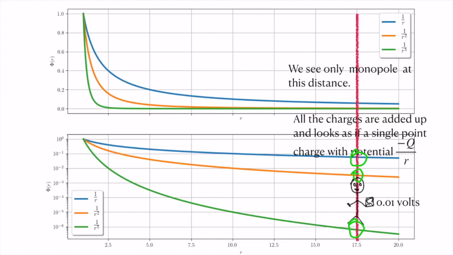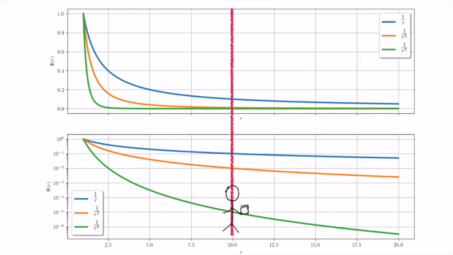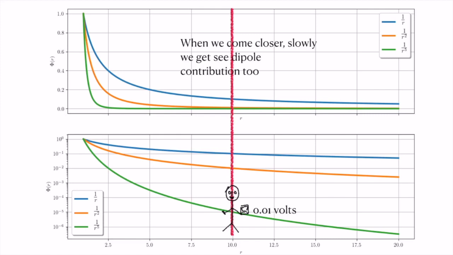Now let's bring this person who is measuring the electric field a little closer. At this point, when you come much closer, you can see two terms. In addition to the monopole term, you will also see the dipole contribution.